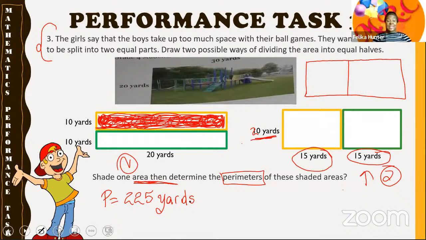Anyone else waiting for your answer, you can go ahead and unmute, tell me what your answer is, and then we discuss to see which answer is indeed correct. Taneve, what is your answer? So we're finding the perimeter of that shaded one. How do we do that?